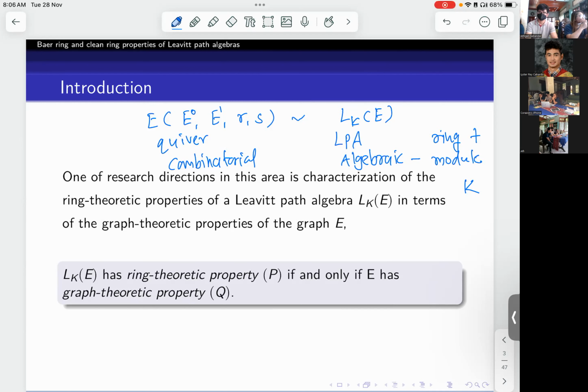Or if the Leavitt path algebra has a certain algebraic property, what would be the corresponding combinatorial, graph theoretic property? So the research direction is something like this: L_K has a ring theoretic property Q if and only if the graph E has a graph theoretic property Q. And a lot of progress was made on this. In particular, simple Leavitt path algebras were characterized in terms of graphs.